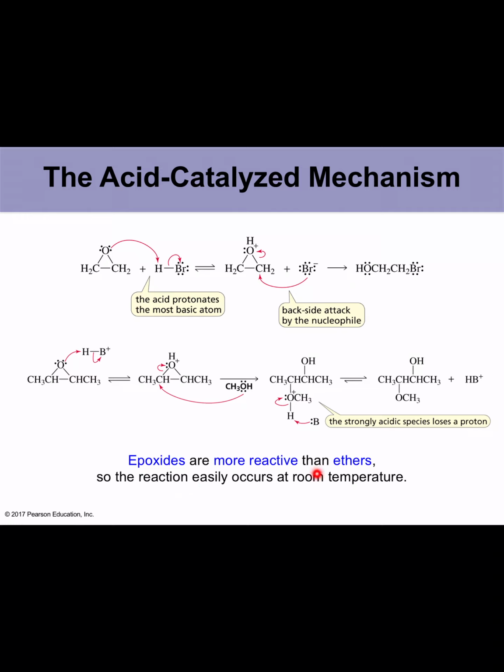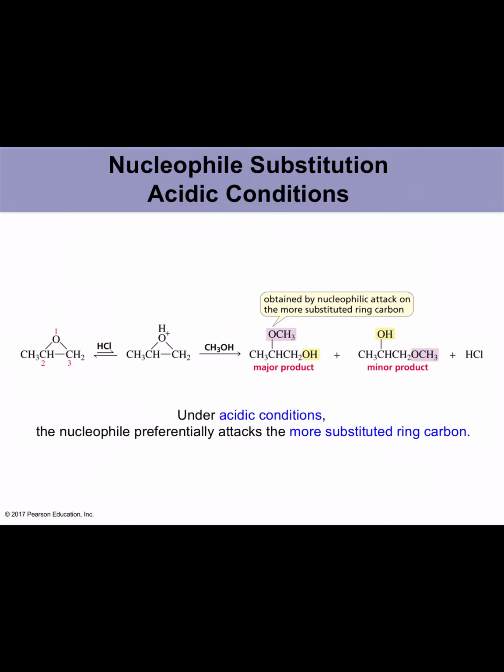Epoxides are more reactive than ethers, so the reaction easily occurs at room temperature. Epoxides will open their ring under acidic condition and under basic condition. Now this is what happens under acidic condition.